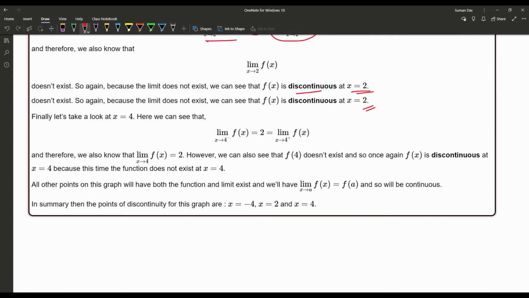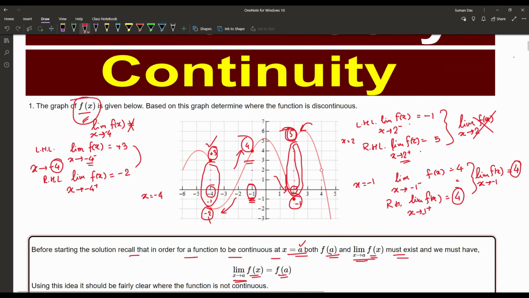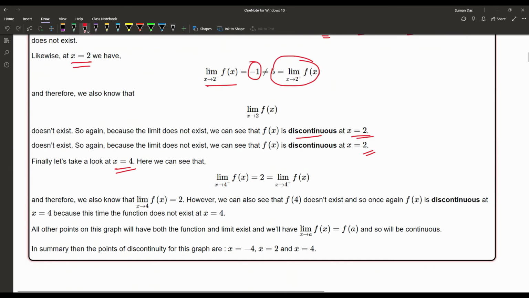Now look at the point x equal to 4. Let's check the diagram. Here the point is x equal to 4. When we check the left hand limit, the value is 2, and the right hand limit is also giving us the value 2.